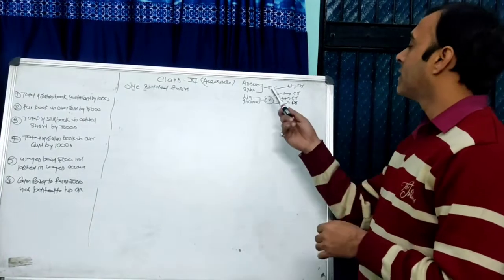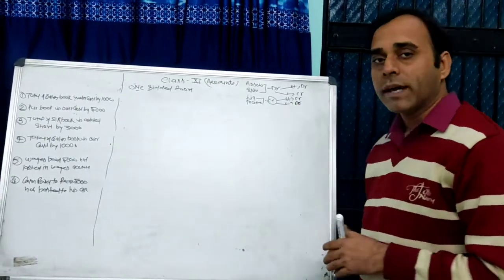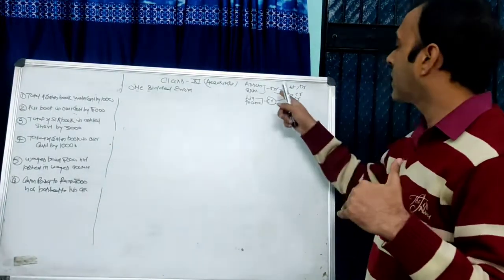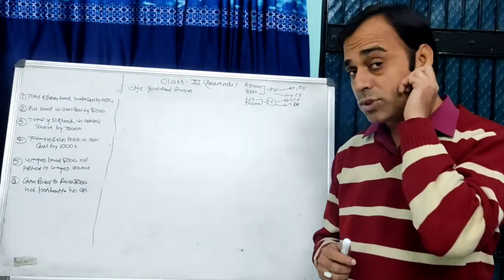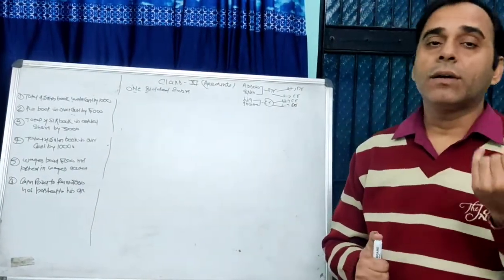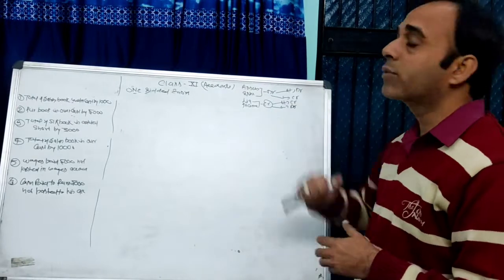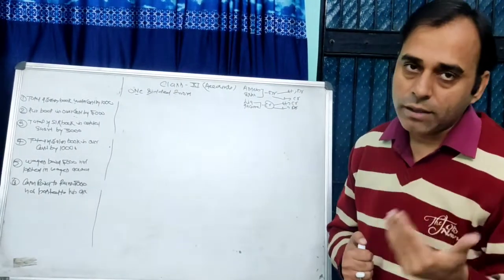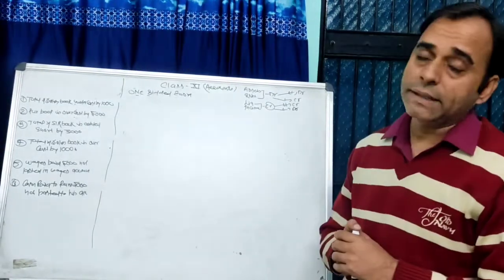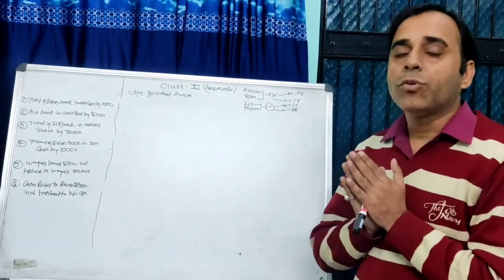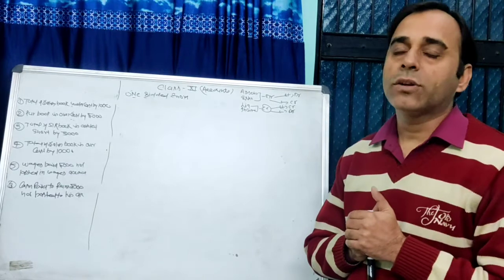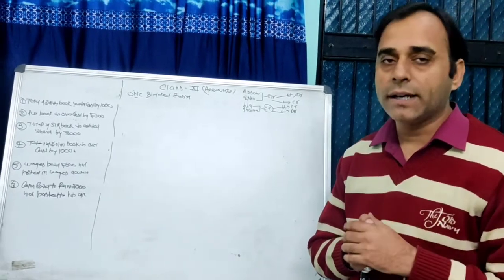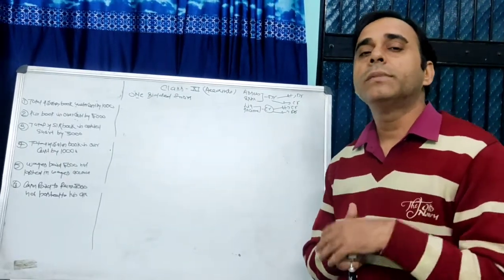The base is the balance of the account. If you want to increase the balance, you remain in the same position. If you want to decrease the balance, it comes to the reverse position. If any account has a debit balance and you want to increase it, it will be debit. If you want to decrease it, it will be credit. In the same way, liabilities always have a credit balance. If you want to increase the balance of liabilities or incomes, it remains credit. If you want to decrease the balance, it becomes debit.